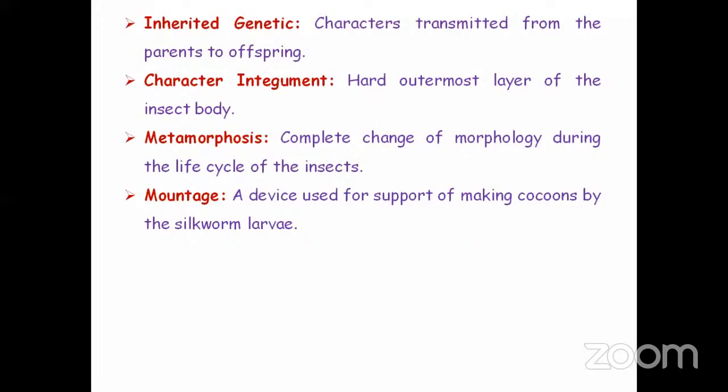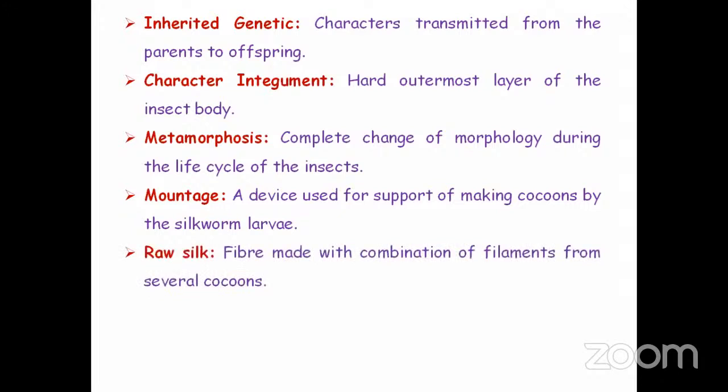Mountage means a device used for support in making the cocoon. When the silkworms start the cocoon making, at that time they require support, and we provide some support to the silkworm for the making of the cocoon. Such a support is called the mountage.